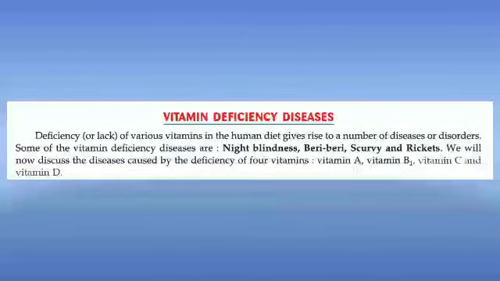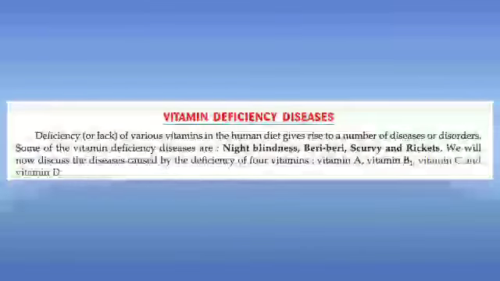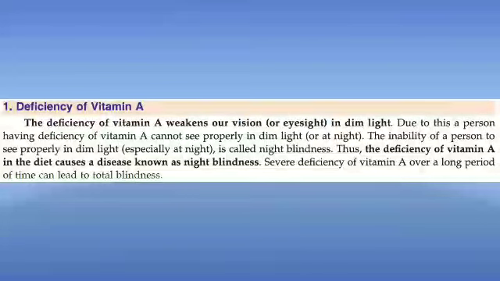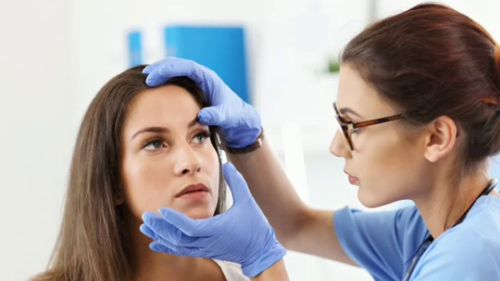Open page 25. Here we are going to discuss vitamin and mineral deficiency diseases. Deficiency of vitamin A. The deficiency of vitamin A weakens our vision or eyesight in dim light. Due to this, a person having deficiency of vitamin A cannot see properly in dim light or at night.